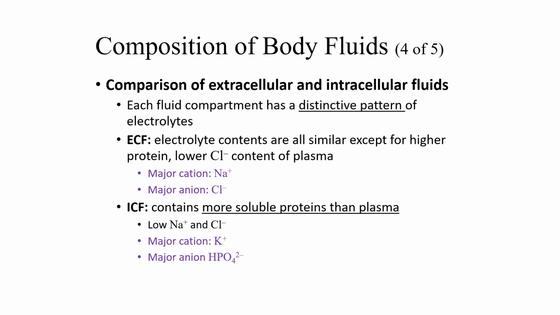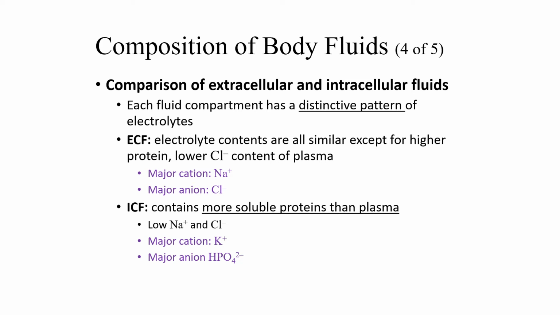So the extracellular fluid is going to have the major cation of sodium and the major anion of chloride. All right? The intracellular fluid is going to contain more soluble proteins than the plasma does. We remember its major cation is potassium and its major anion is bicarbonate.